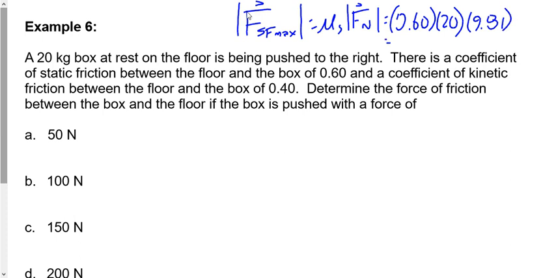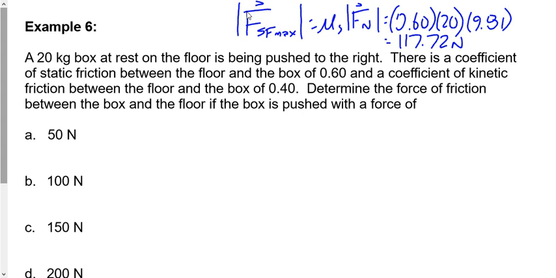Multiply those three numbers together. We get a value of 117.72 newtons. That is not the answer to any of these questions. That's just how hard I can push before it starts moving. Does that make sense?